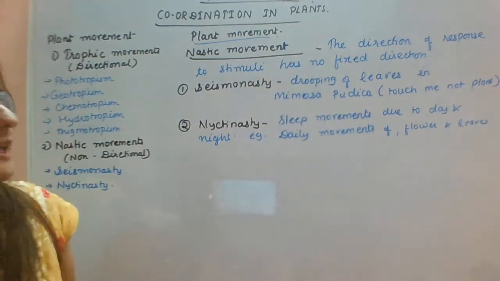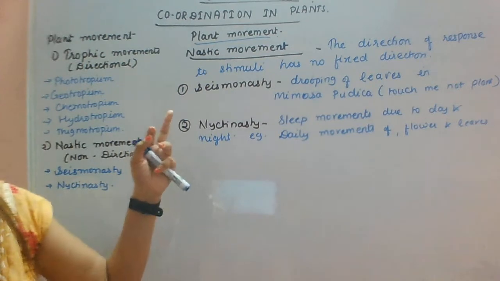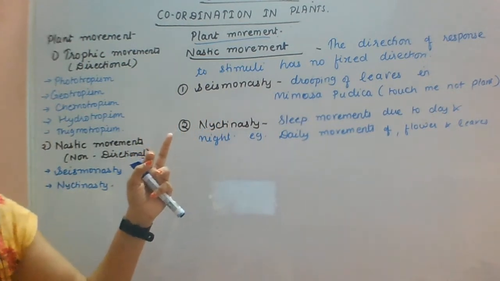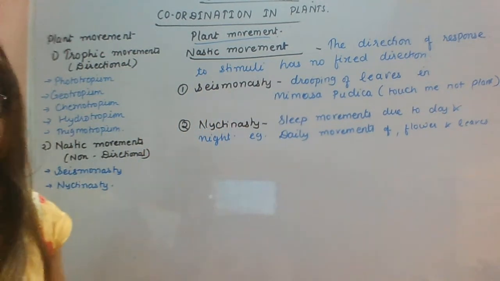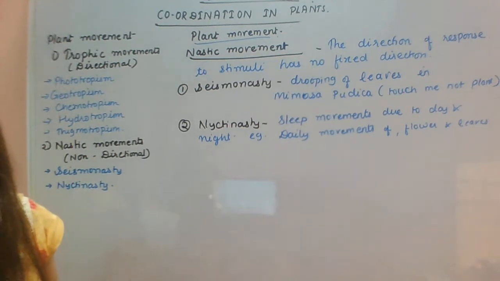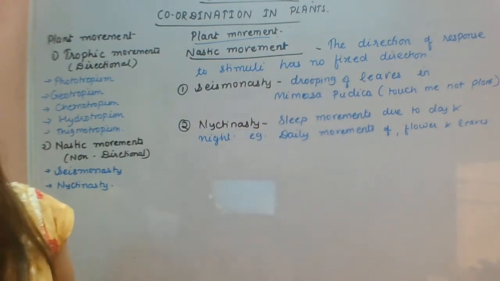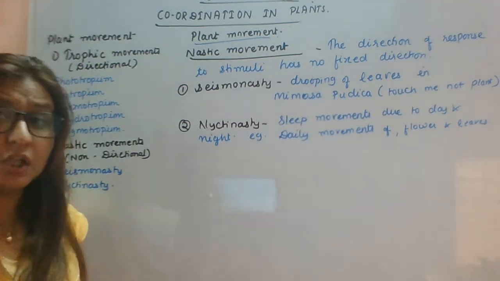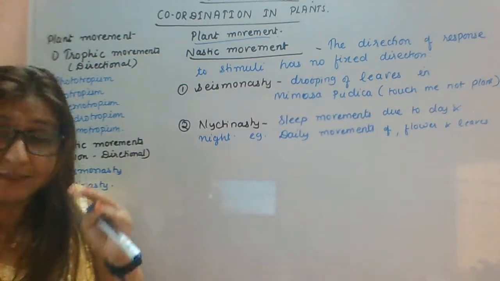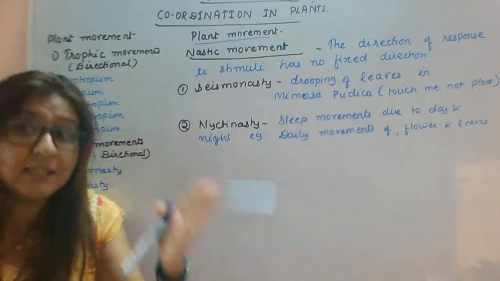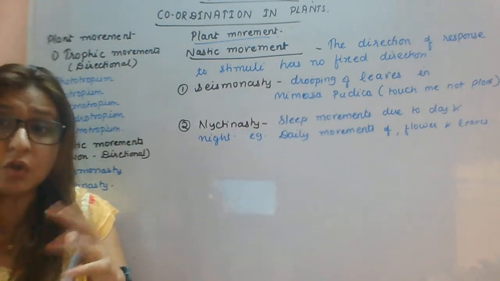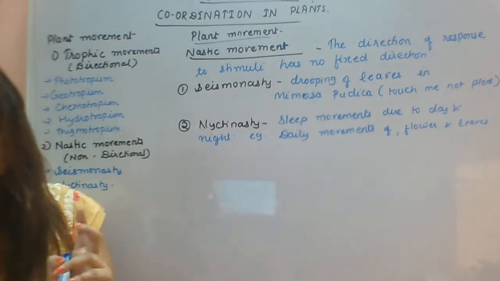Non-directional movement means the response to the stimulus has no fixed direction, or you can say the stimulus has a diffused impact, due to which the movement of the plant occurs irrespective of the direction of the stimulus. They will not go in the direction of the stimulus. They will grow irrespective of the direction of the stimulus.